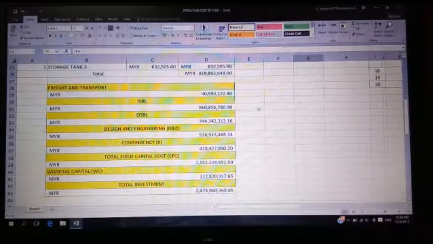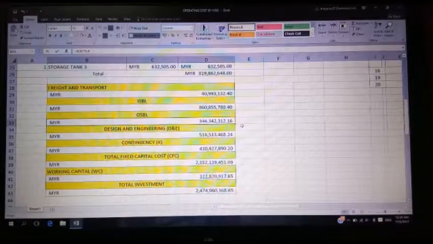Now for freight and transport, we estimated about $40,993,132.40 MYR, and our ISBL is 860,855,780.4 MYR. Our OSBL is 344,312,312.16 Malaysian ringgit.